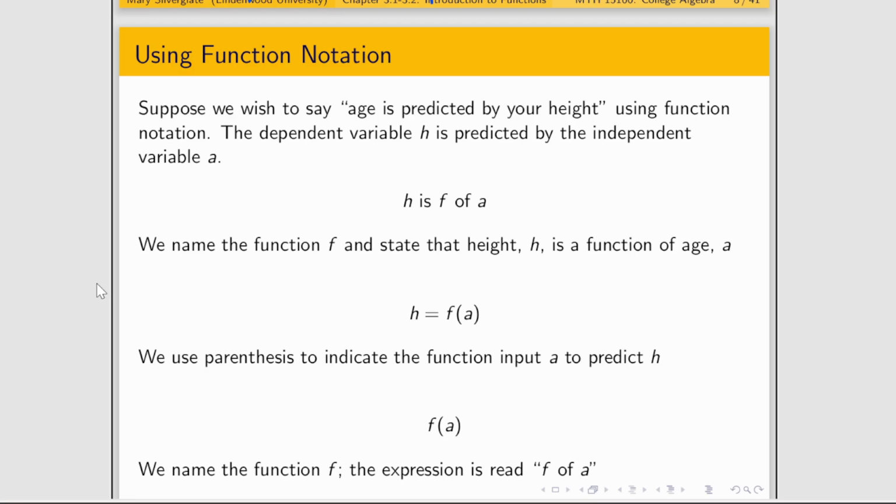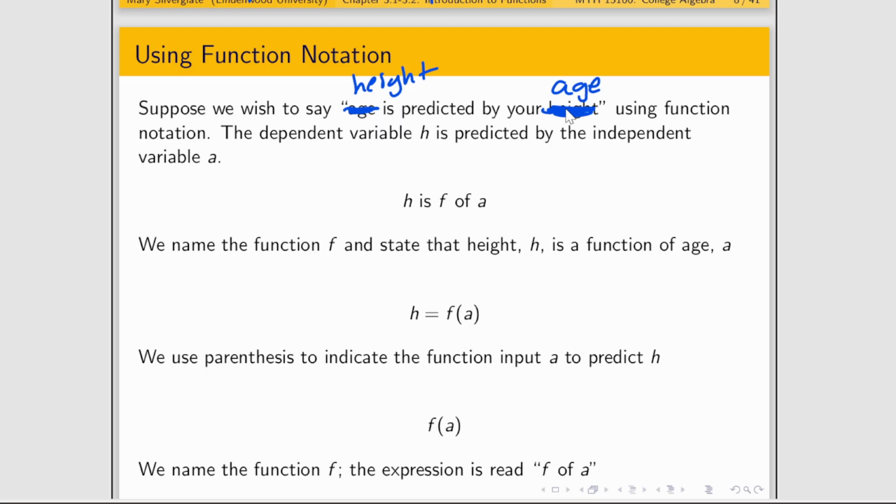So let's look at how we use this function notation. Suppose we wanted to say age is predicted by your height. Actually, this should have the other way around. Height, which I will fix in your version, is predicted by your age. That's what I should have said. That was a typo there. That will be fixed.